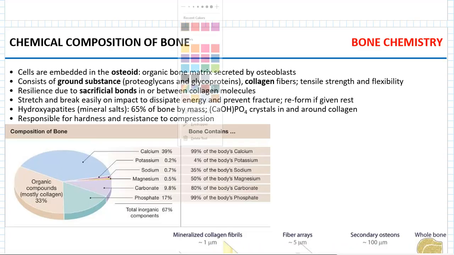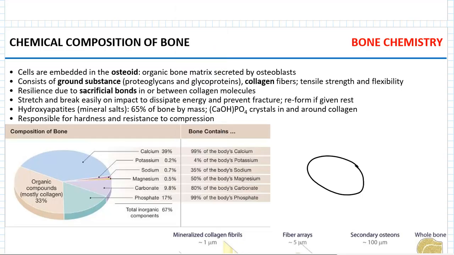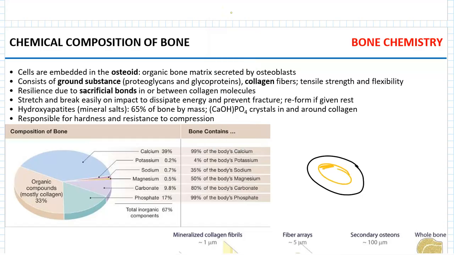The blue stuff is the osteocyte, a cell within what's called a lacuna. The black circle represents the lacuna.